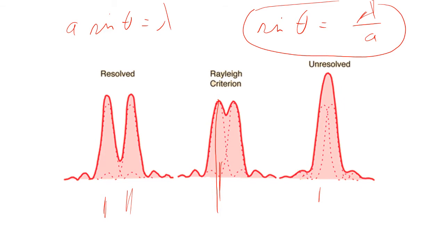We can do a couple of examples here. One possible example is that you have a light source here and a light source here, and then a slit right here, and a screen over here.